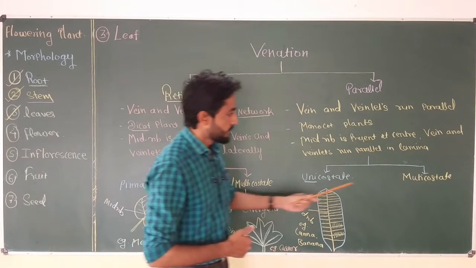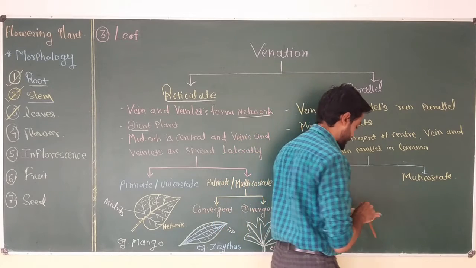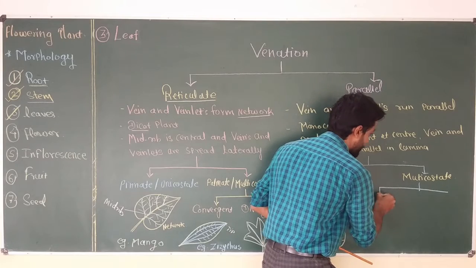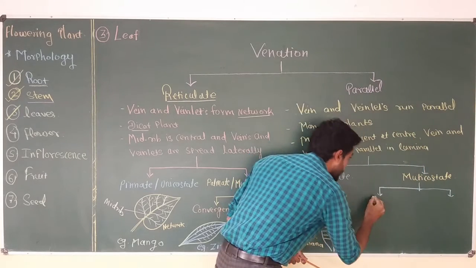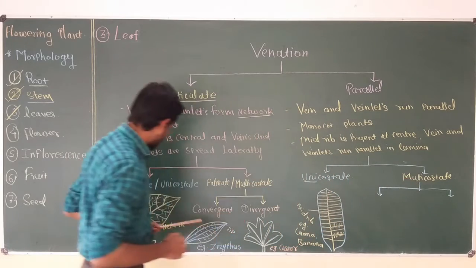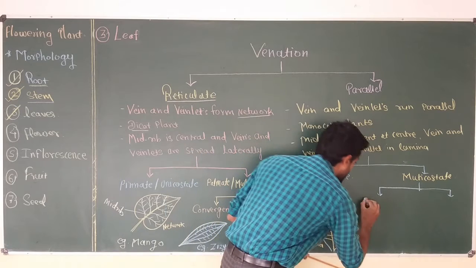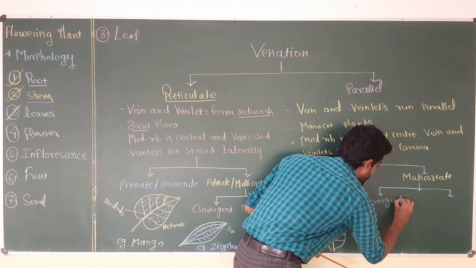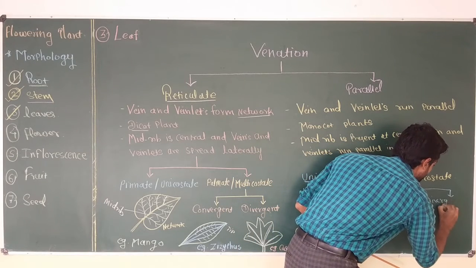Again the multicostate is divided into two types. Number one is convergent venation, similar to that of the multicostate reticulate venation, and second is divergent venation.